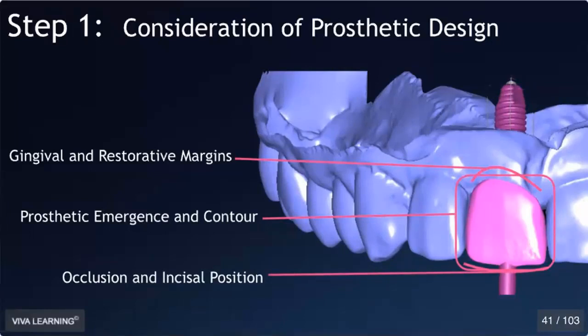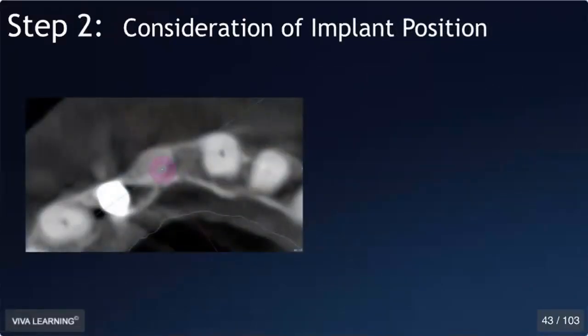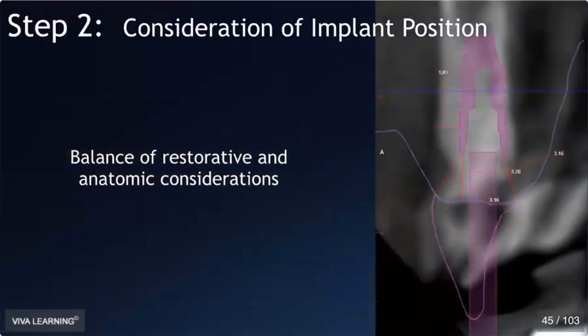So all of those in combination are important to have an idea of when we're thinking about positioning an implant in space. So once we have that, again, we think about our anatomic considerations for balancing the position of the implant, with adequate distances from implants and teeth. And once we have that in combination with the wax-up, we can balance all of those things together.